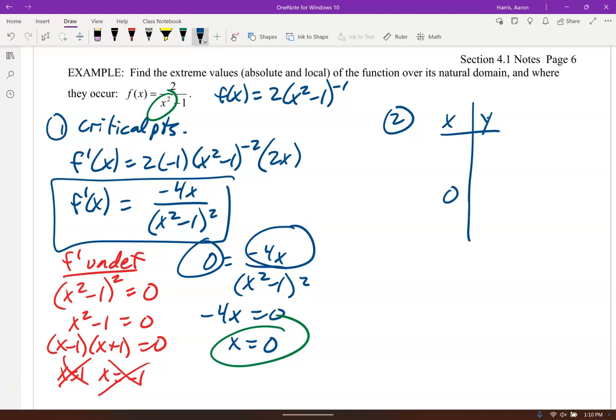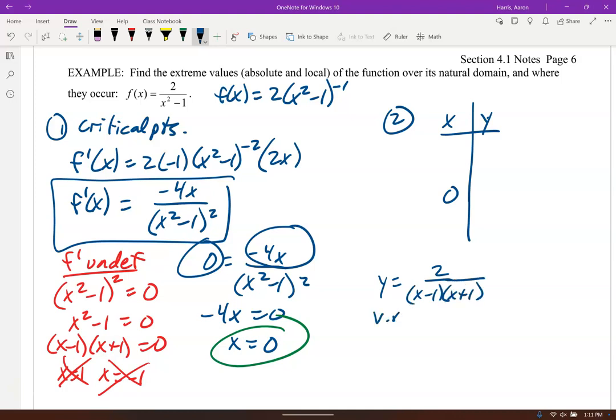Don't forget, this is over the natural domain here. If you think about 2 over x squared minus 1, let me go back to pre-calc for a minute. Here's my original function. Let me factor the x squared minus 1.